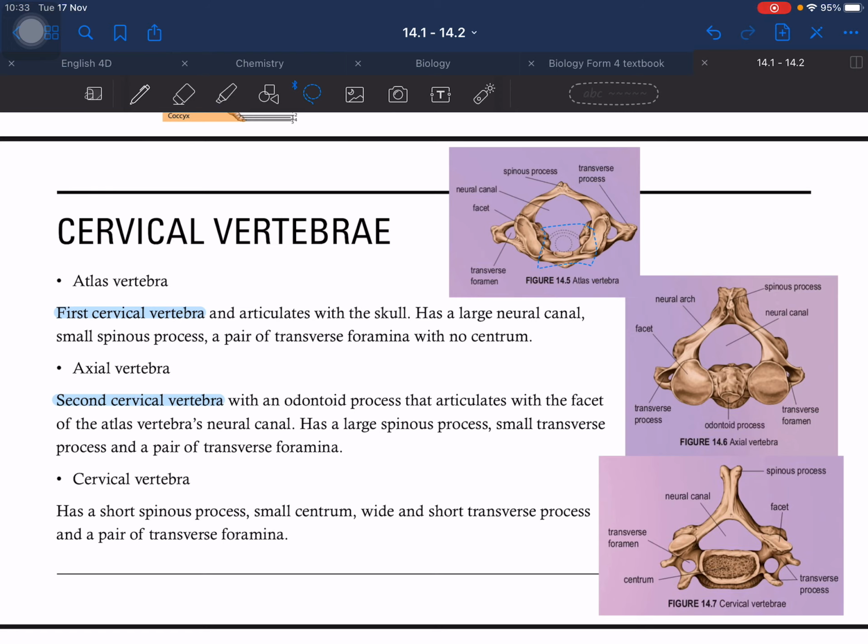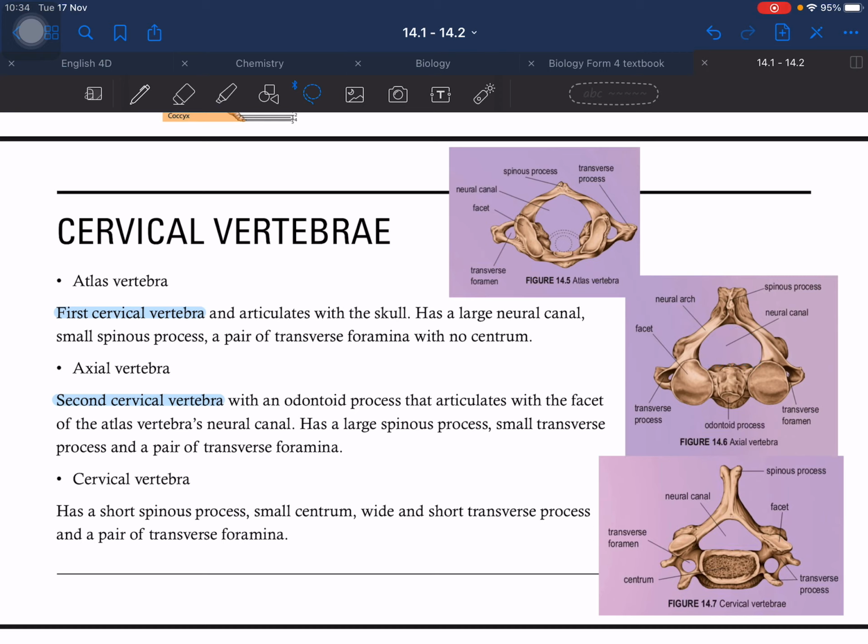Okay, so this is connected to this part, right? So it's like a puzzle, basically. It still has a large spinous process. The spinous process is here. And then a small transverse process and a pair of transverse foramina. The canal is still quite large, right?